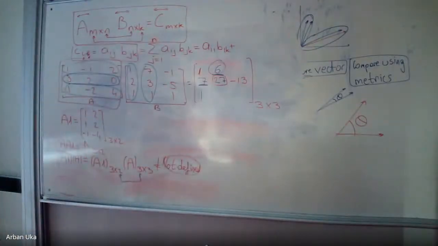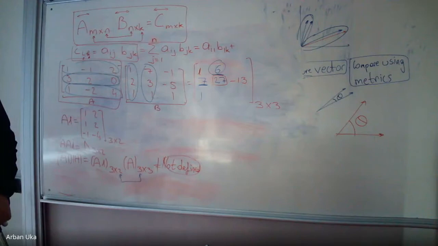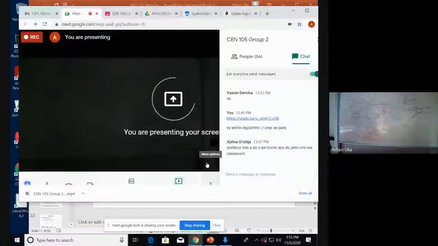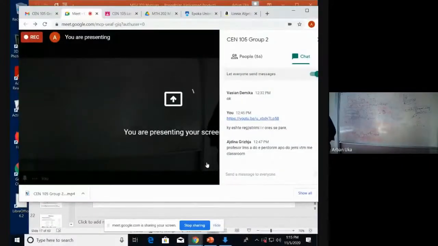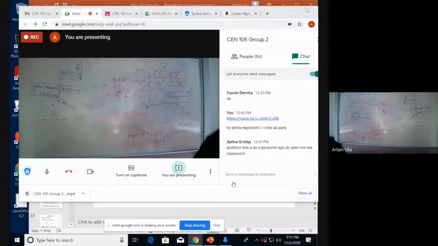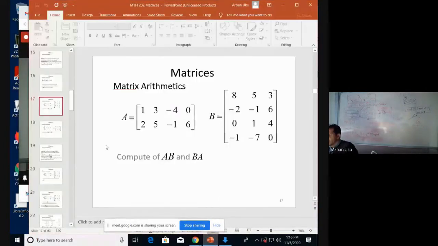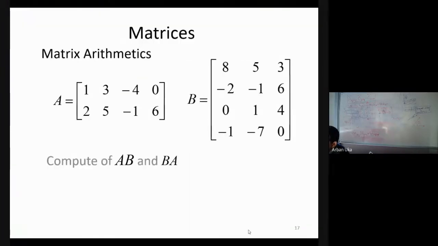Now let's have another look. Okay, so again, we come back to the same slide. We talk about matrix arithmetic, simple matrix arithmetic. We can compute A times B and B times A. In this case, what is the dimension of B times A?